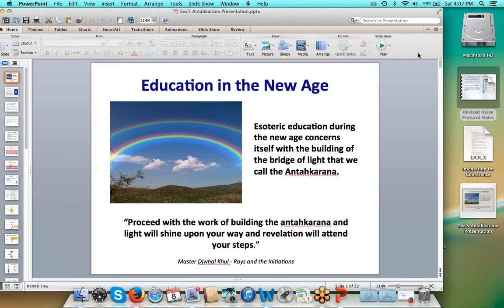What a wonderful, wonderful thing to think about, right? That if we work on building the Antahkarana, light will shine upon our way, and we will have revelation coming to us. And that is a direct quote from Master D.K. or Djwhal Khul, and it's from Rays and Initiation.